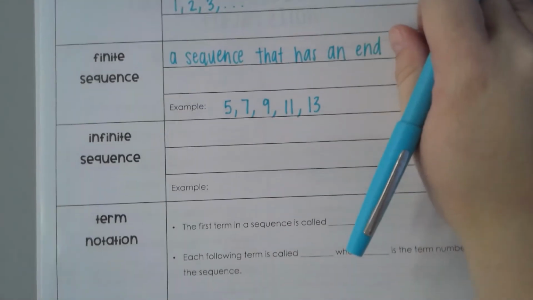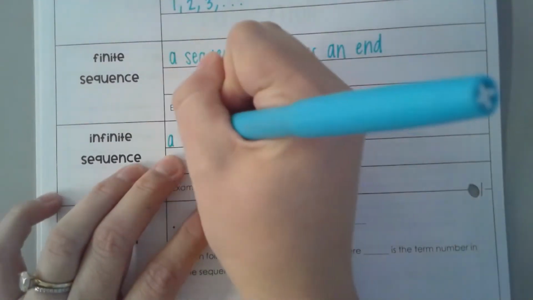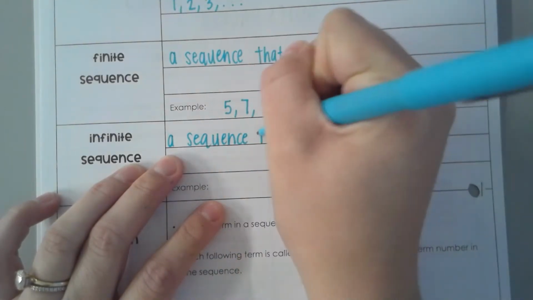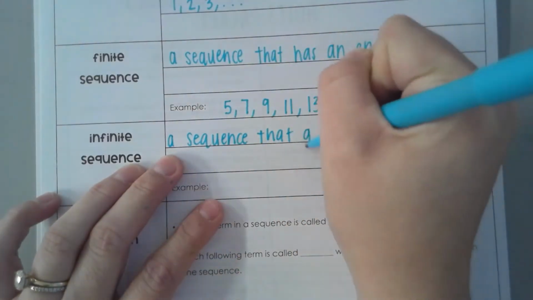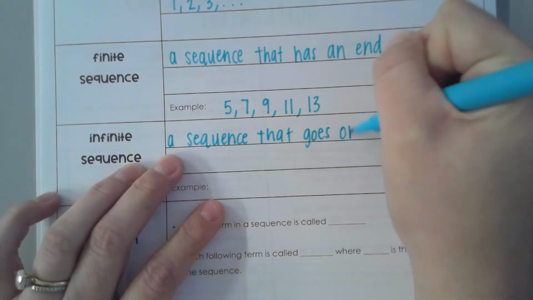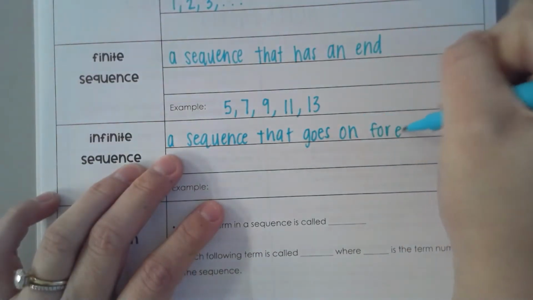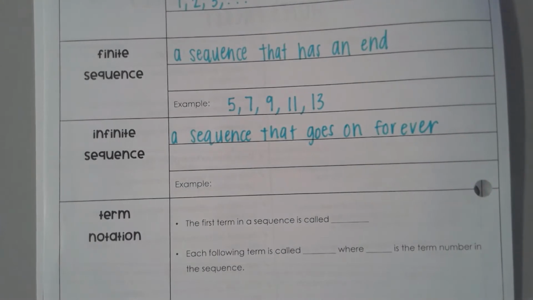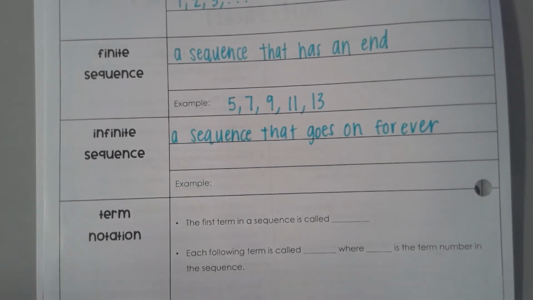An infinite sequence is a sequence that goes on forever. Now, obviously, we cannot continue writing forever and ever. We literally sit here until we die.